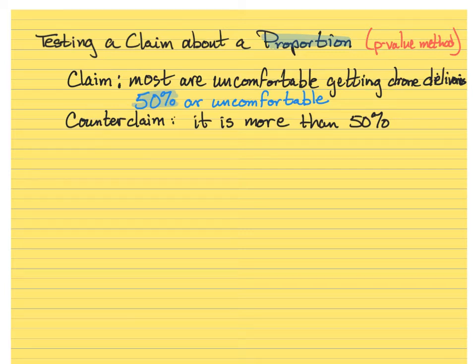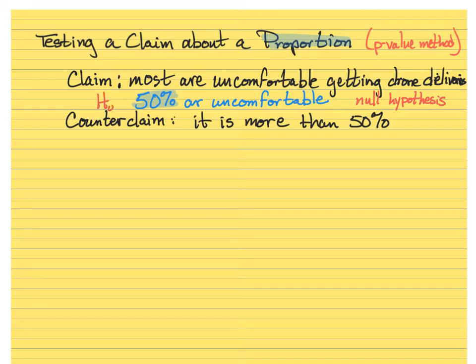Now, before we go on, let's talk about some official language. I've used the terms counterclaim and claim, but the official language is this: the claim is actually referred to as the null hypothesis, right? Some big fancy term, but it's just the claim that somebody made.